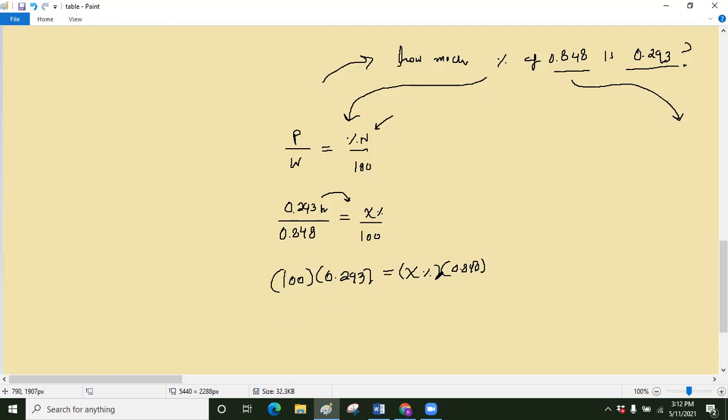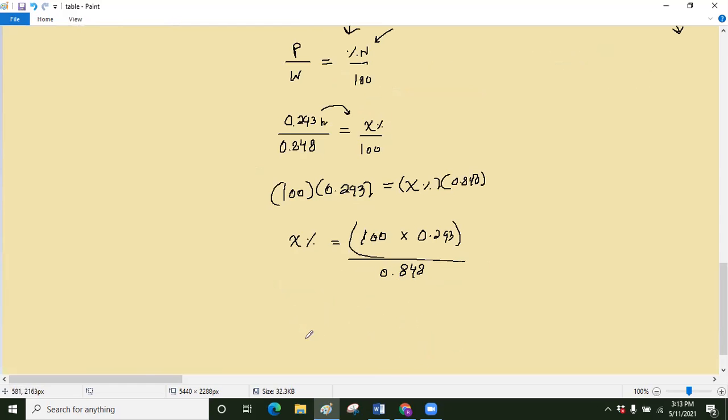You'd eventually try to solve for X percent, and you'd say that X percent is equal to 100 multiplied by 0.293, and then of course that's divided by 0.848. Now, when we multiply anything by 100, we move it 2 steps to the right. So X percent is actually equal to 29.3 over 0.848.